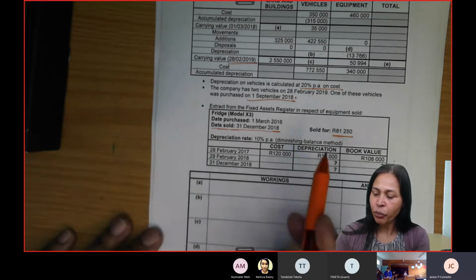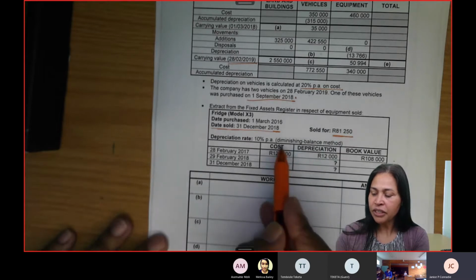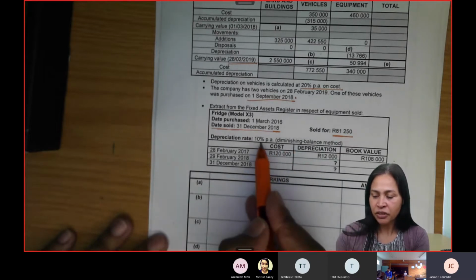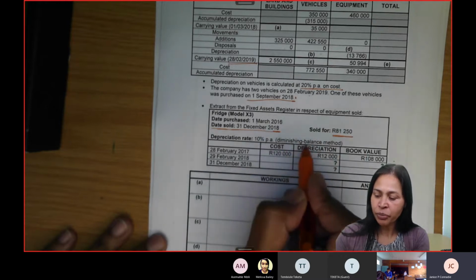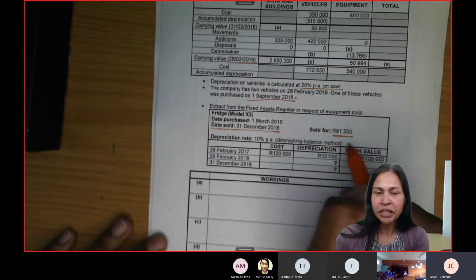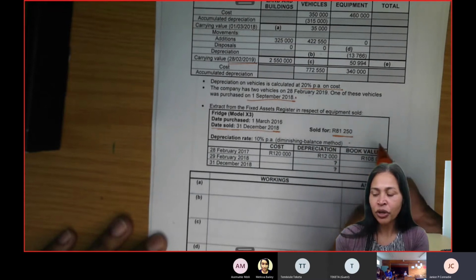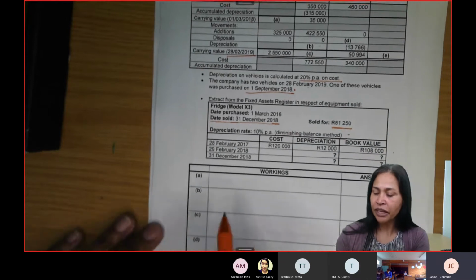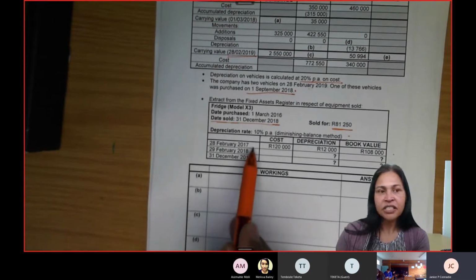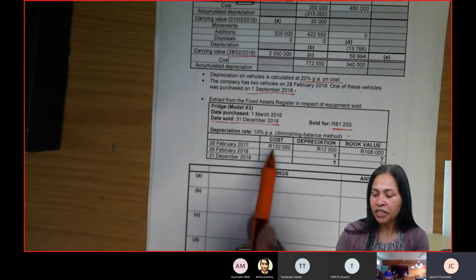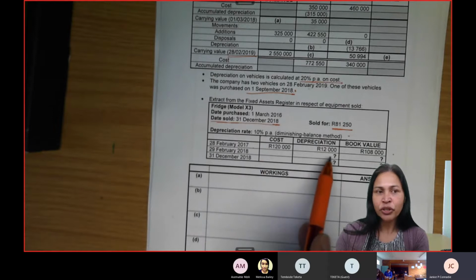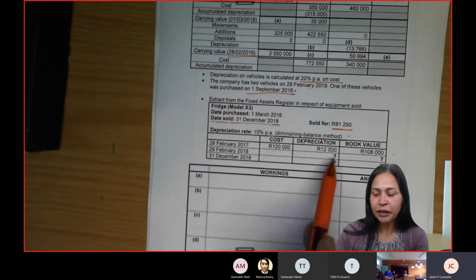For 81,250. Your method of depreciation given here, it says 10%. So this is your next one that's important, 10%. Here we're using the diminishing balance method. Now, diminishing means carrying your cost minus your accumulated in order to get to your carrying value. Again, only the first year's depreciation line has been completed. I want you to calculate the depreciation for the second year, and you can clearly see it is a full year that you need to calculate it for.